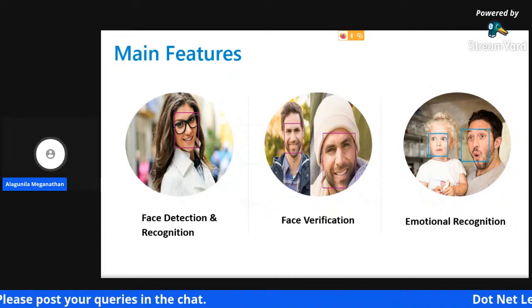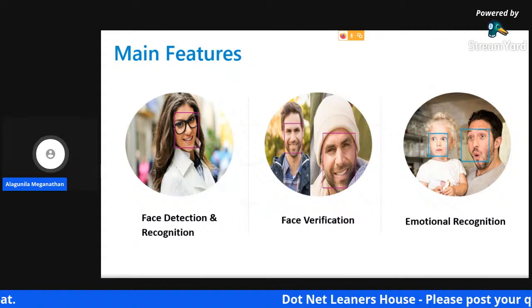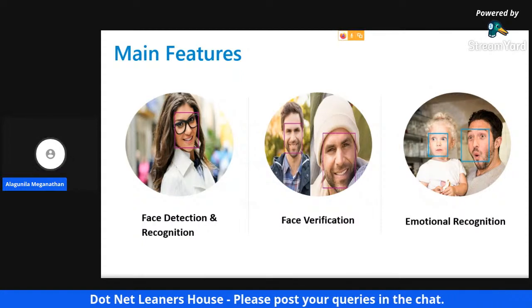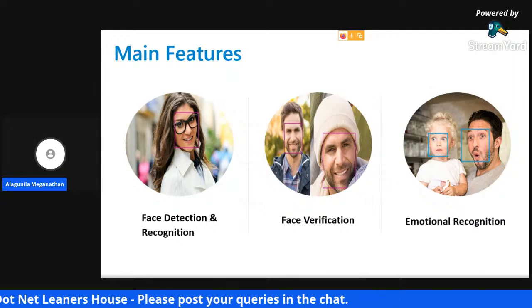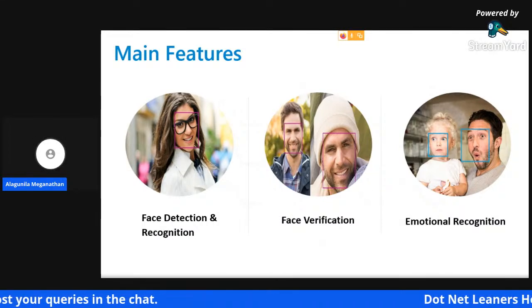The Face API is used in Uber. Uber had a problem where some drivers registered and then sent some other person to ride. To avoid such situations, Uber uses the Face API in their applications.